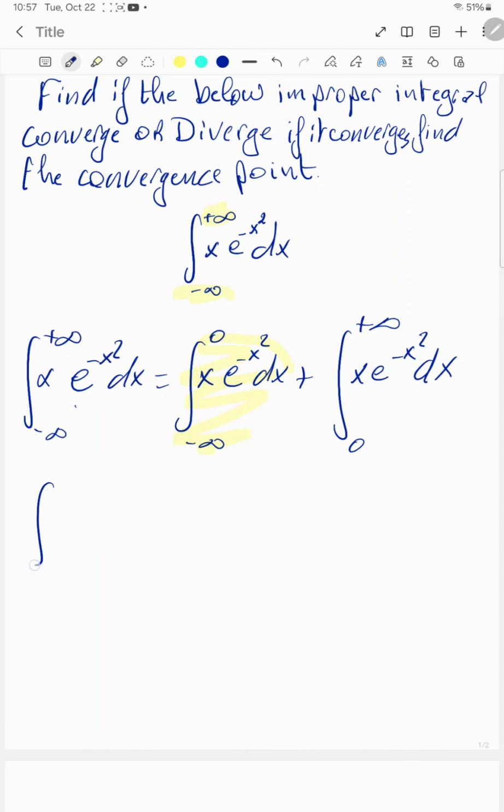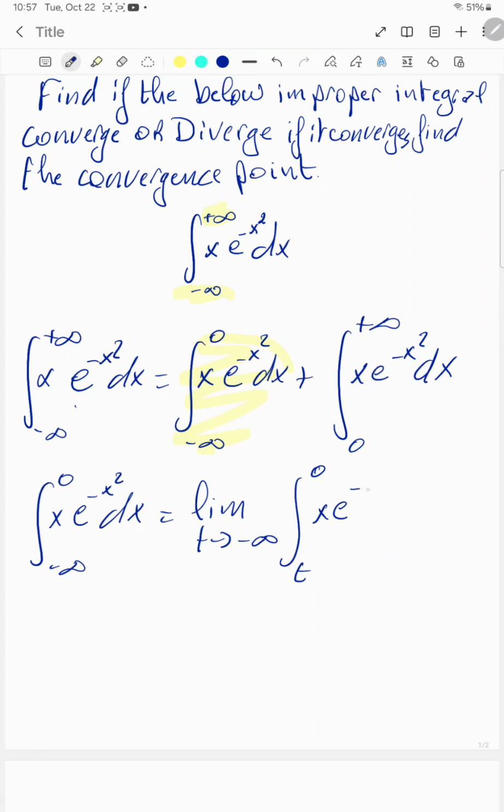The integral between minus infinity and 0 of x e to the power minus x squared dx is equal to the limit when t goes to minus infinity of the integral between t and 0 of x e to the power minus x squared dx. And here I can say let u equal minus x squared.